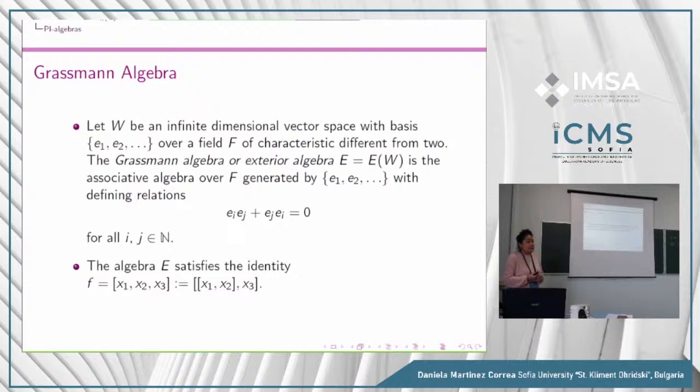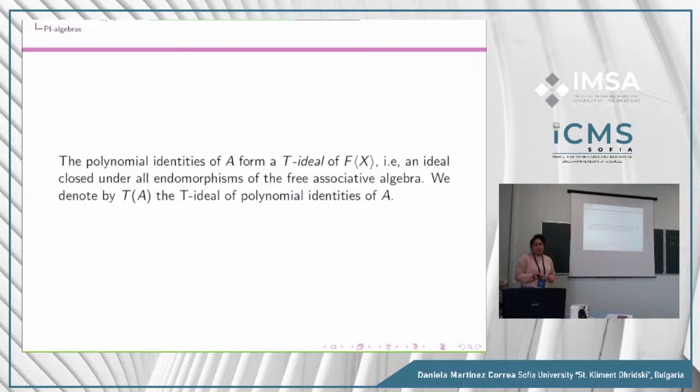Okay? So given a specific algebra, what can we say about the set of its identities? The first thing that we can say is that this set has a structure because it's an ideal of the free associative algebra and is invariant under all endomorphisms of the free associative algebra.